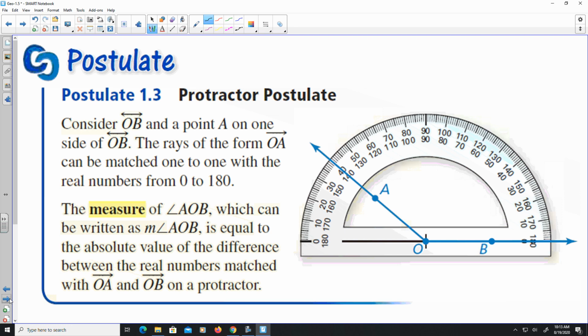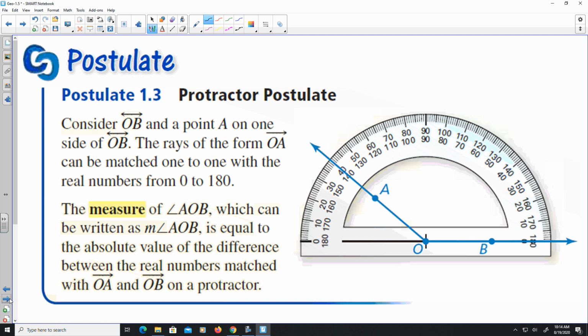Here it says we're looking at the protractor postulate. It says considering line OB and a point A on one side of line OB, the rays of the form OA can be matched 1 to 1 with real numbers from 0 to 180 degrees.